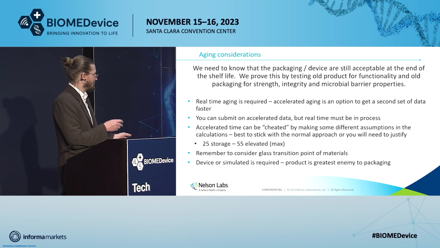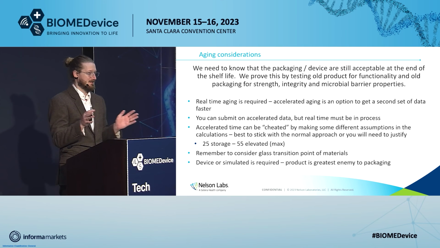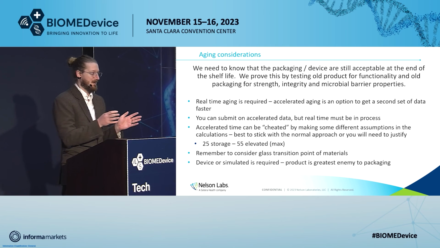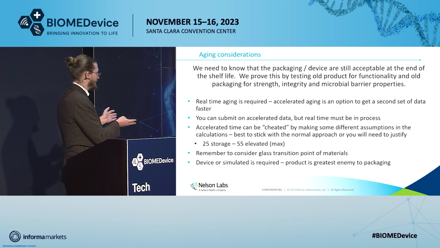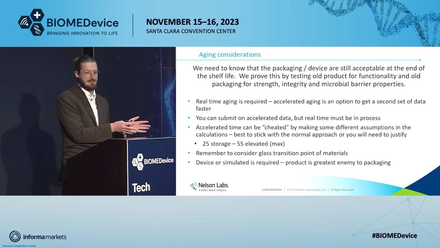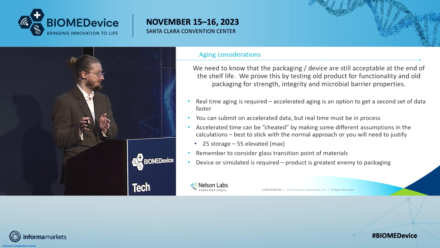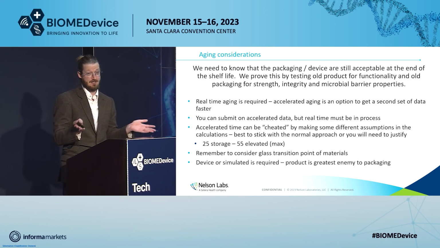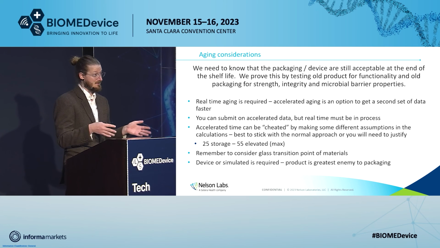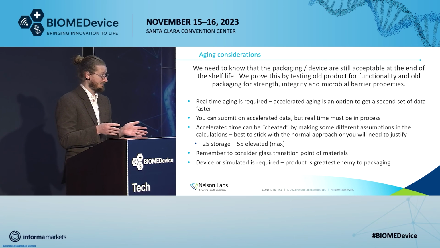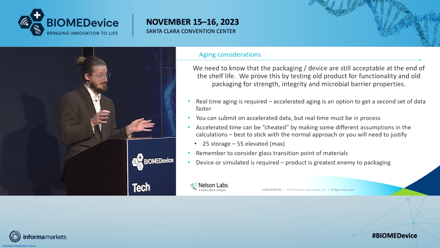And you can mess with the calculation a little bit to, for example, if you take the standard recommendation of 25 Celsius storage temperature and an elevated temperature of 55 Celsius, a year becomes 46 days. You can play with those numbers a little bit to get it shorter to, I think if it's 20 Celsius and 55, it turns out to be 42 days or something like that.